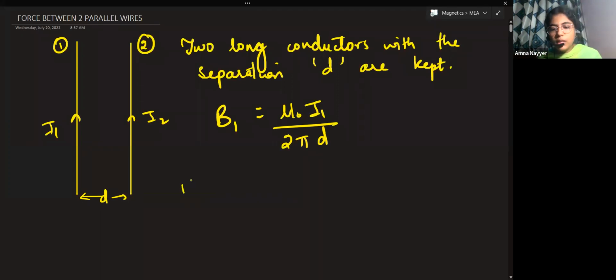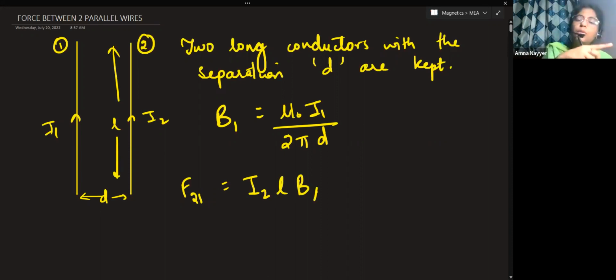Now, force on this second one due to the first one, this will be what? Current I2, and let's say L is the length of these conductors. I2 L into B1. The magnetic field will be due to the first one, because if you remove the first conductor, there is no other magnetic field. In the earlier questions, we had taken the magnetic field as outwards, inwards, anywhere. Right now, there is no magnetic field where you can take it.